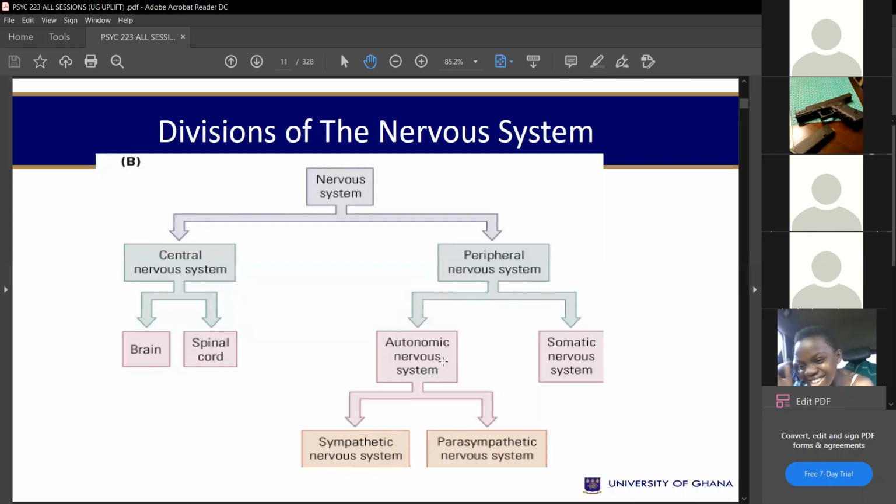We have the autonomic nervous system and the somatic. When we say somatic, it comes from the word soma, and soma means body. Then autonomic, we are saying it is automatic. So within the autonomic, we have the sympathetic and parasympathetic nervous system.